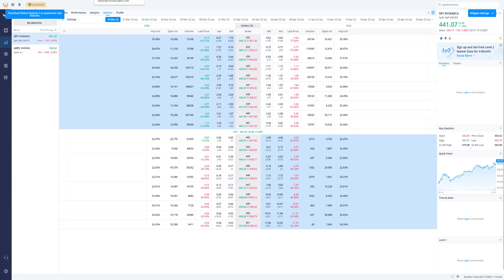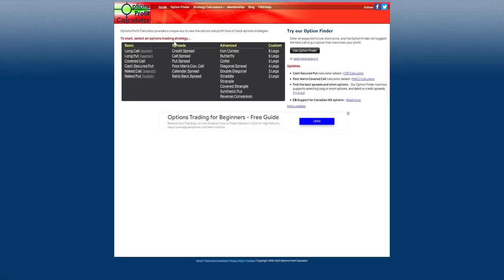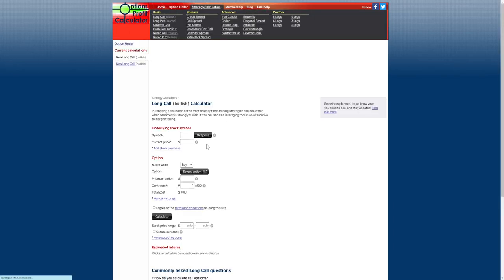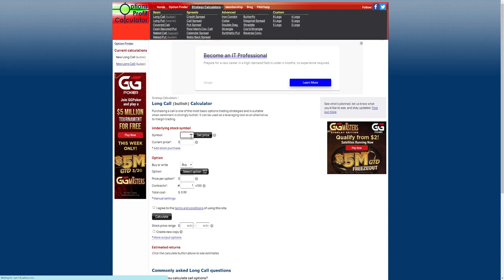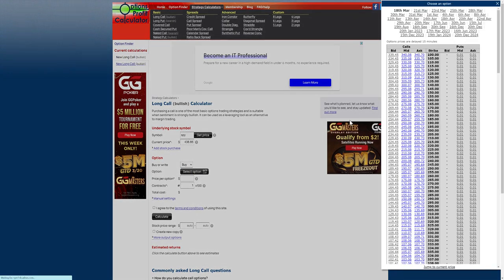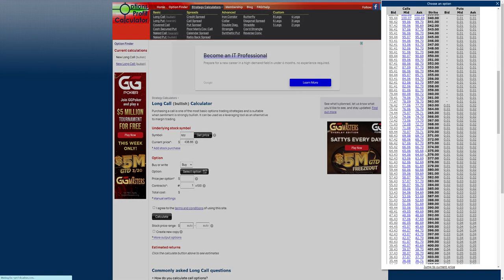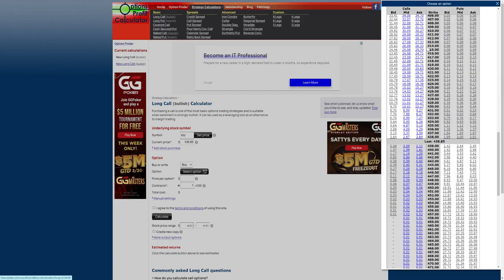So that being said, I'm gonna give you a quick tip on this options calculator website. Let's say you're buying a call, stock symbol is SPY. I'm gonna buy the contract, and here you're choosing which contract you're going for.